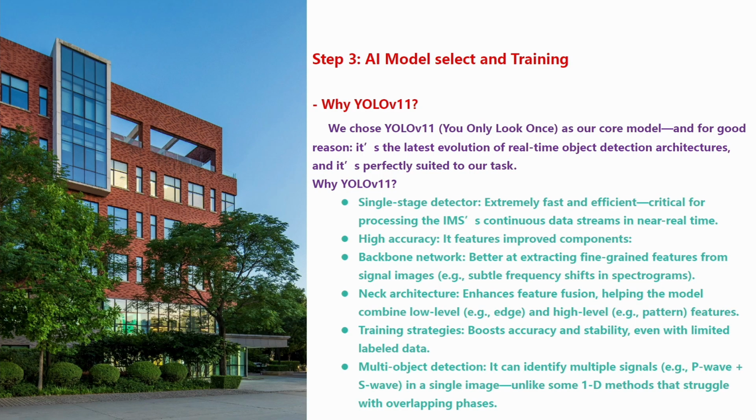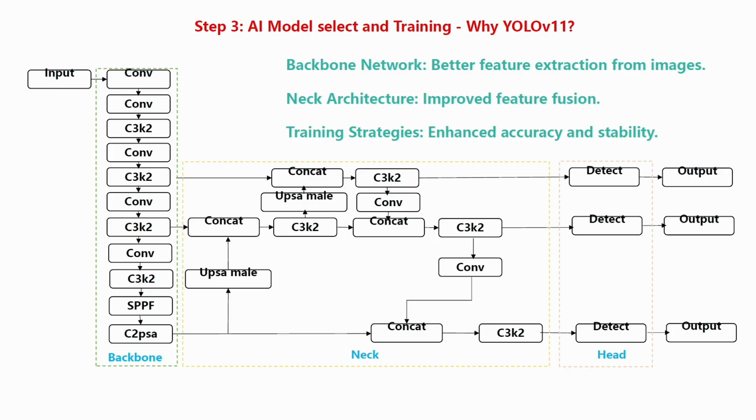It can identify multiple signals, for example, P waves, S waves, earthquake, or explosion in a single image, unlike some one-dimensional methods that struggle with overlapping phases. This is the architecture of the YOLO 11.